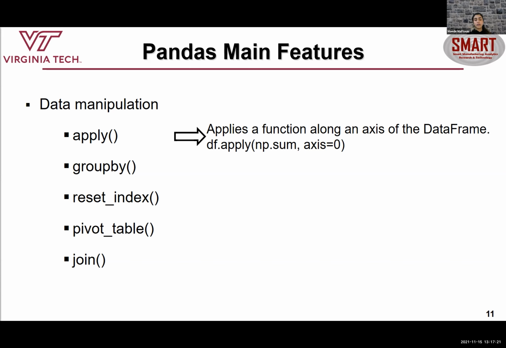So these are the methods that you use for that. Apply is something you can use to apply any customized function that you write on your data frame or on specific columns of your data frame. We will see examples of that.